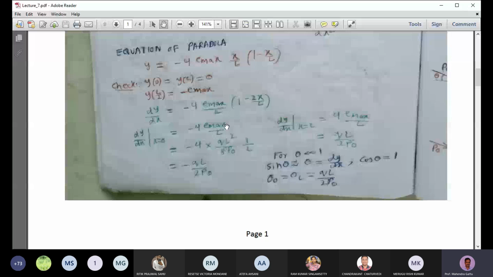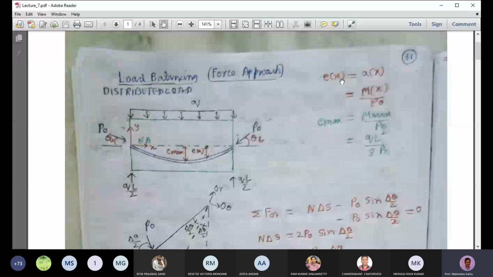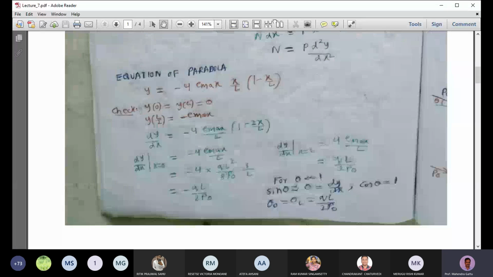And now we already found e max for this system: e max is equal to q L square by 8 p naught. So we substitute q L square by 8 p naught here instead of e max, and we have 1 by L, and we have 4 there.